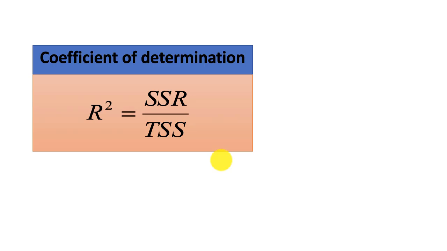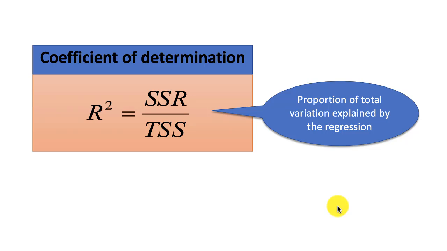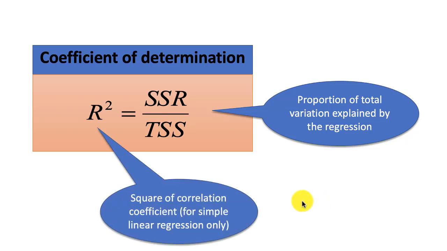That's also a measure of how good your regression model is. This value is called the R square, or the coefficient of determination, and basically it tells you what proportion of variability is explained by the regression. The regression is able to account for so much of variability. This is the square of the correlation coefficient in the case of simple linear regression.